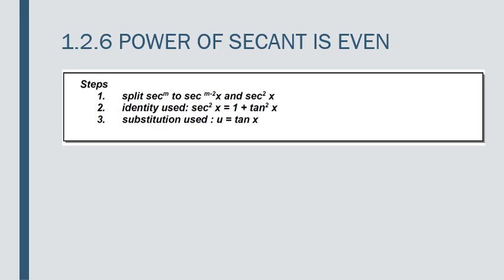Then the identity used is secant square x equal to 1 plus tangent square x. And then our substitution is u equal to tangent x. So what is our du? du is equal to secant square x dx, differentiating u equal to tangent x gives secant square x dx, right?